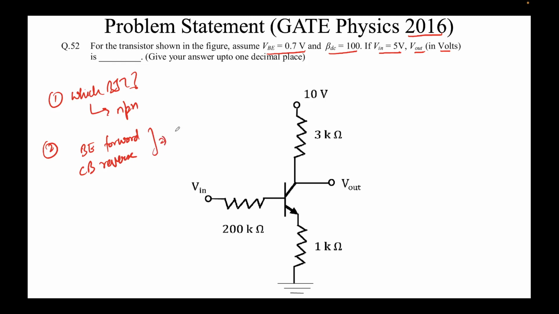This means this mode is what we refer to as the forward active mode, and all the expressions where beta equal to IC upon IB, alpha equal to IC upon IE, are valid only when the BJT is working in forward active mode.